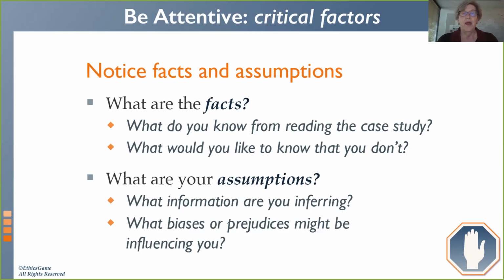We would love to know all this information, and yet we have to make a decision based on what we know. As we look at our assumptions, we look at history, we look at other people's experiences, we look at our previous experience as we make inferences about what we should be doing. The biases and the prejudices are very interesting. I'm in the demographic of people who are supposed to be staying home, but I'm at my office today.